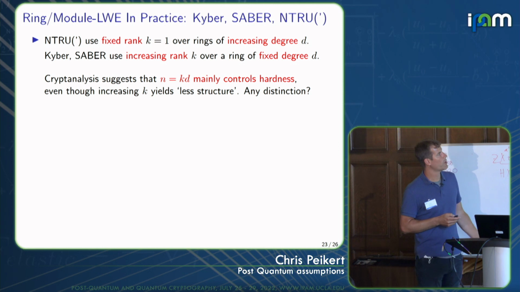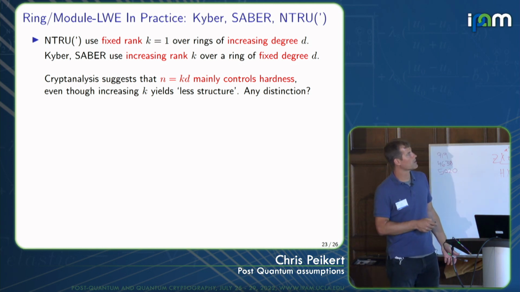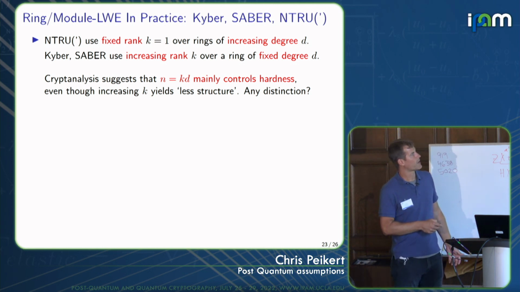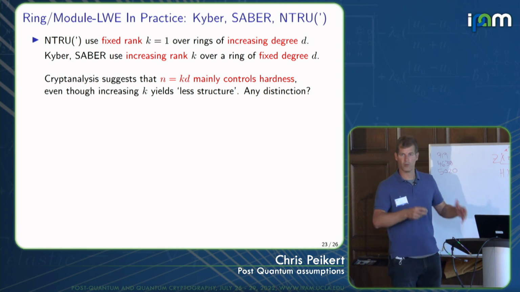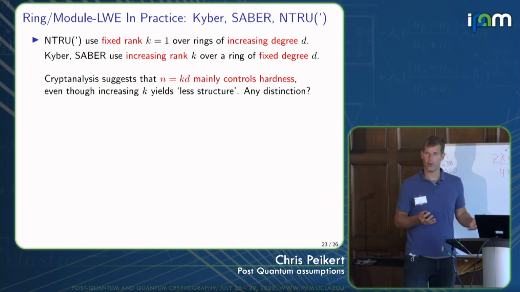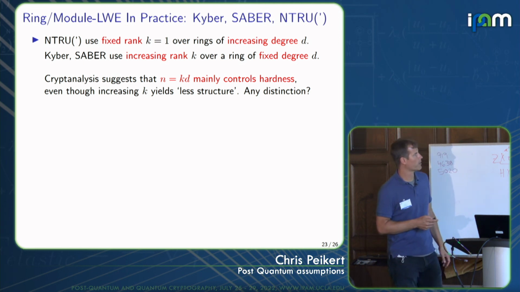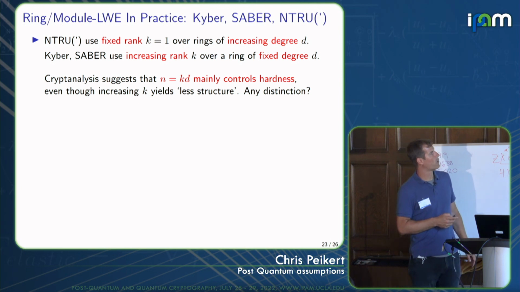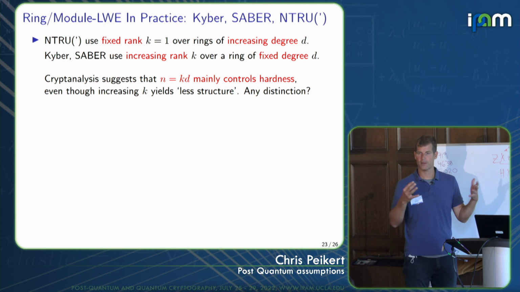As far as we know, according to the cryptanalysis, the product k times d, so the number of polynomials times the degree bound, is the full dimension here. That's the main contributor to hardness. It's the main thing that controls the hardness. However, if you fix d and increase k, in that sense there's less structure to it, right?